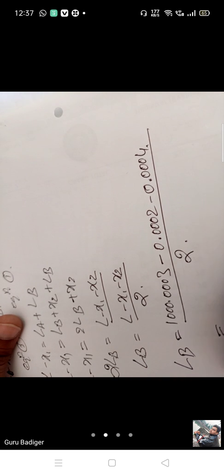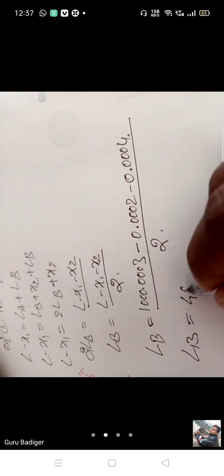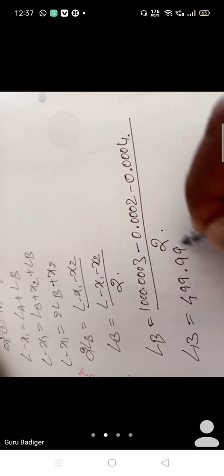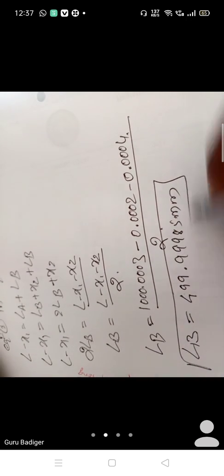Okay, so from this, LB, you do the calculation, will have 499.99985 mm. This will be the LB.